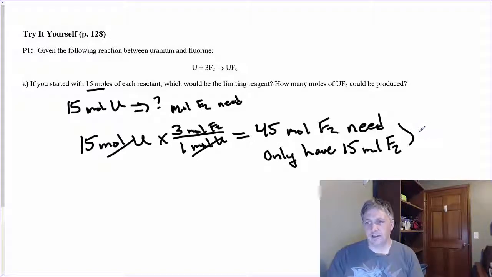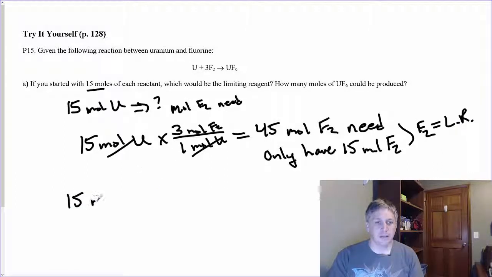So if you look at how much you need with how much you have, you don't have enough fluorine, so it looks like fluorine will be your limiting reagent. And like I said, I usually just pick whichever one's written first, but you can pick either one and come to the same answer. All right, we also have 15 moles of fluorine to start with.